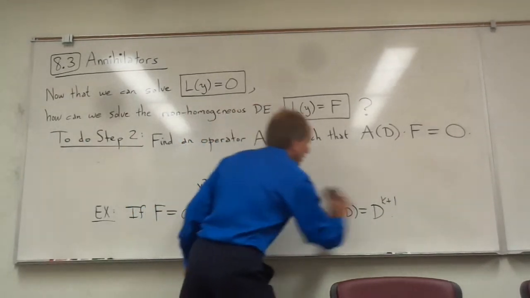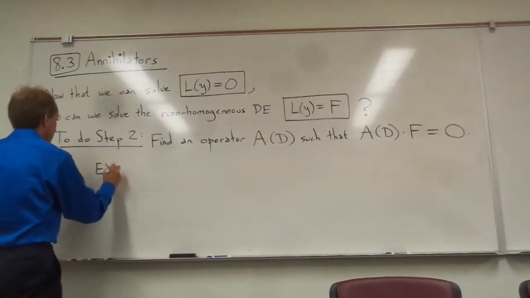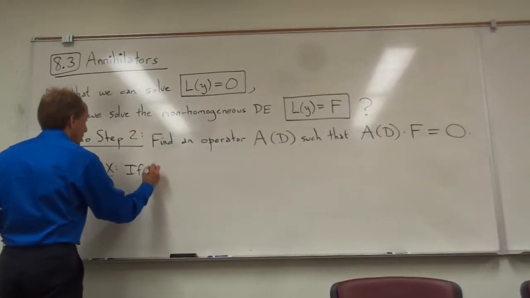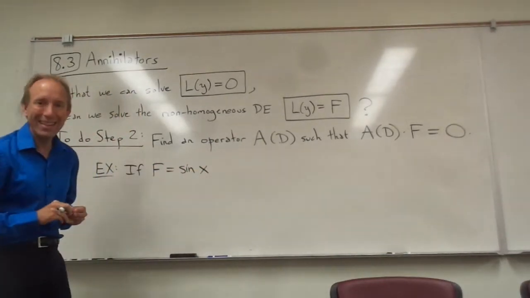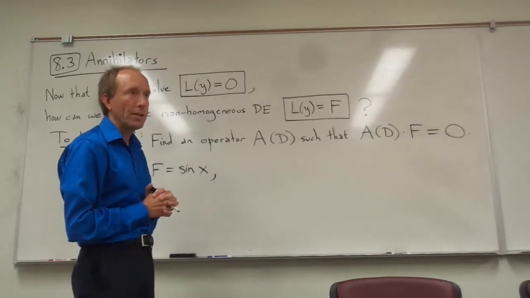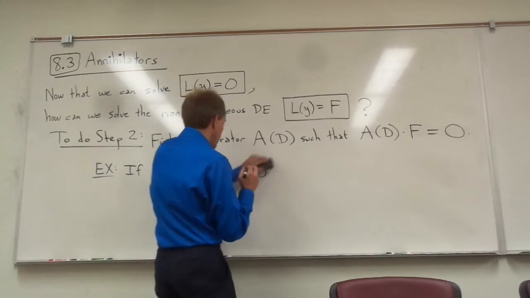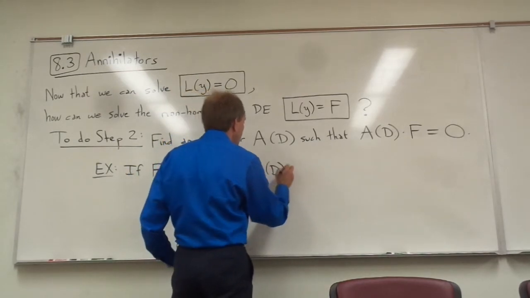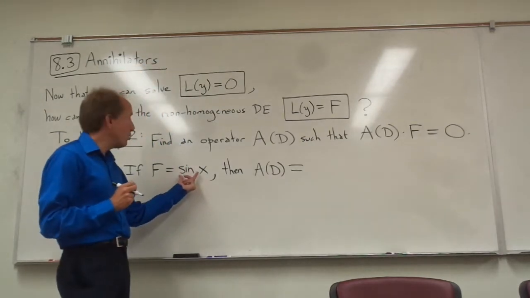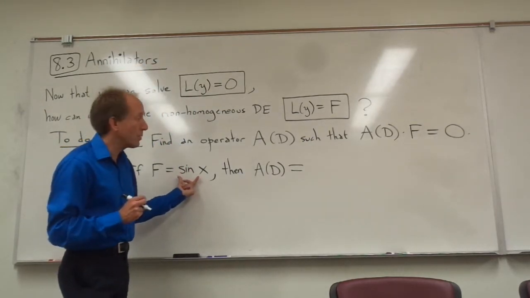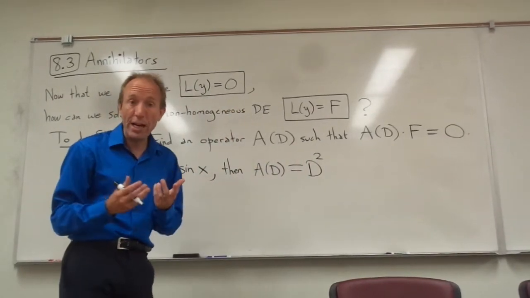Okay, let's take another example. What about if capital F is equal to the sine of x? In order to annihilate that, if you take 2 derivatives of the sine of x, you'll get negative sine of x.